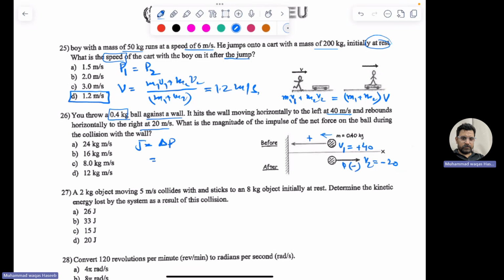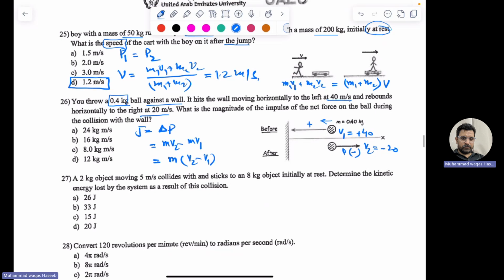Then the change in momentum is m v2 minus m v1, which is m times v2 minus v1. You have both velocities, just substitute the values. You will get 24 kilogram meters per second, which is your impulse.